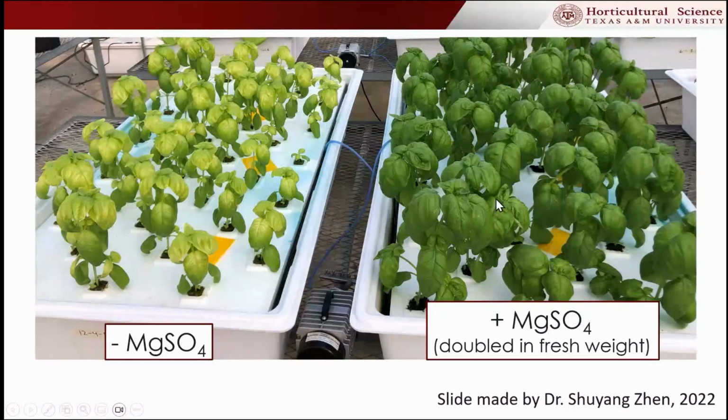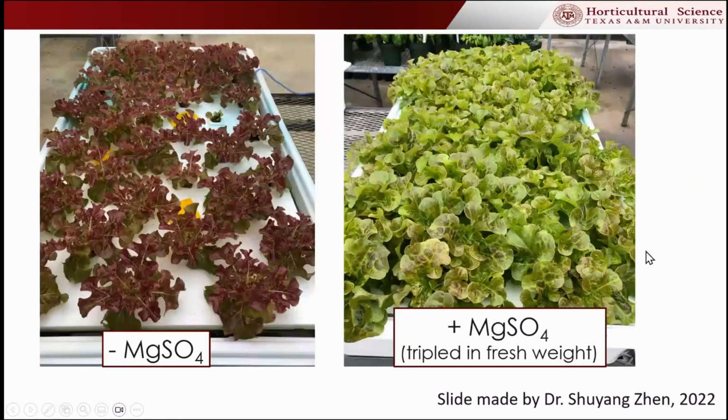So for the basil, you can tell that if there is no sulfur in the nutrient solution, the leaves are yellower, and if you supplement the sulfur, the yield will double in fresh weight. And for this red cultivar lettuce, without sulfur, the lettuce is a very dark red color.